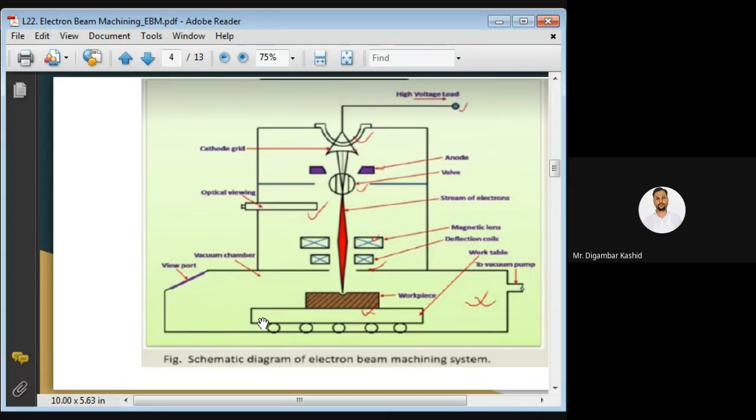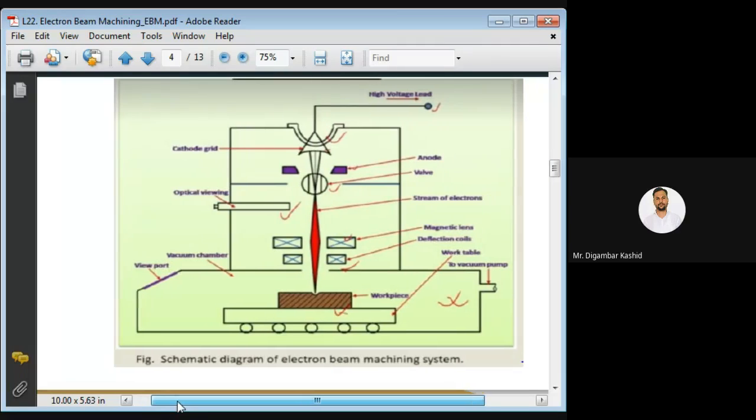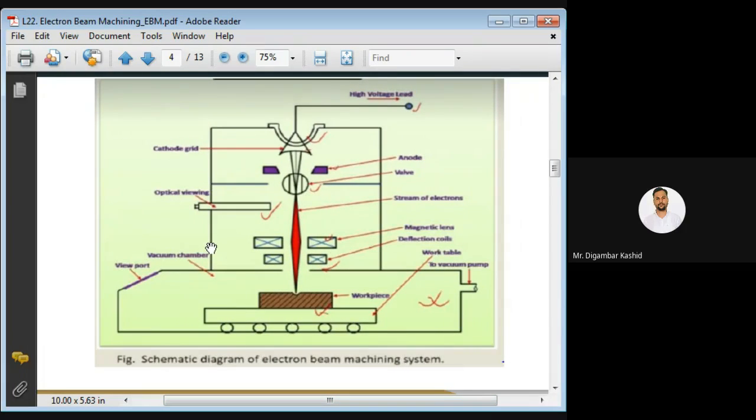All of you, please draw this diagram. Please.